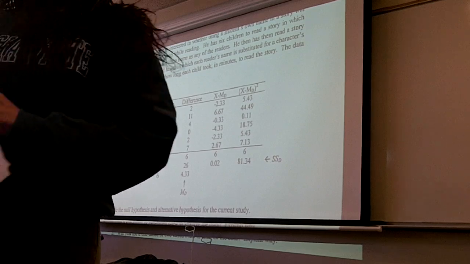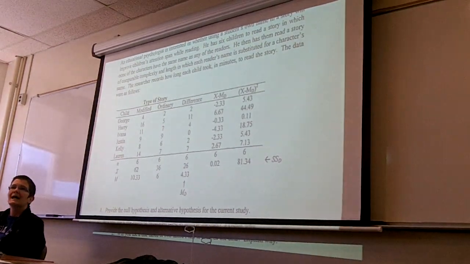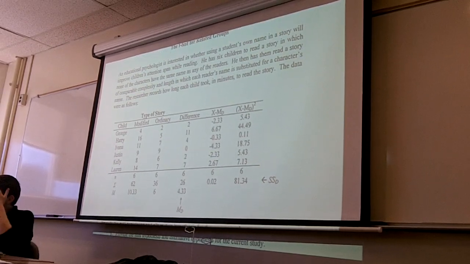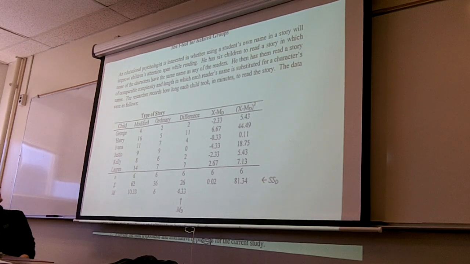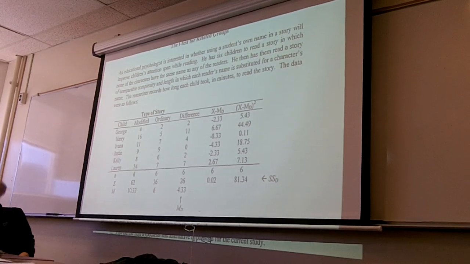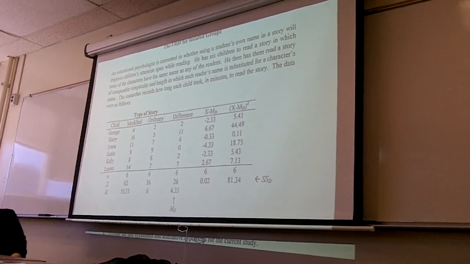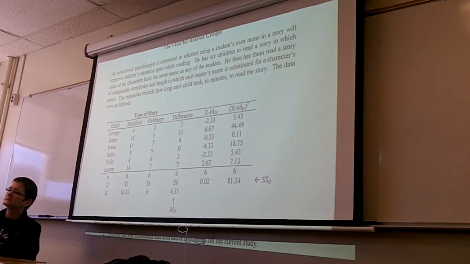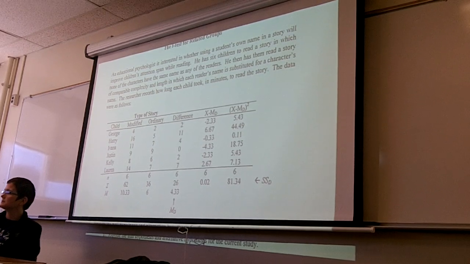So now we've only got one group, and that group is going to read a story in which none of the characters has the same name as any of the readers, and then they're going to read a story of comparable complexity and length in which each reader's name is substituted for a character's name. So now we've got the same group of kids getting tested on two different books.